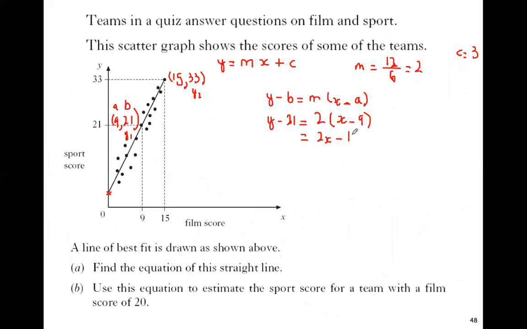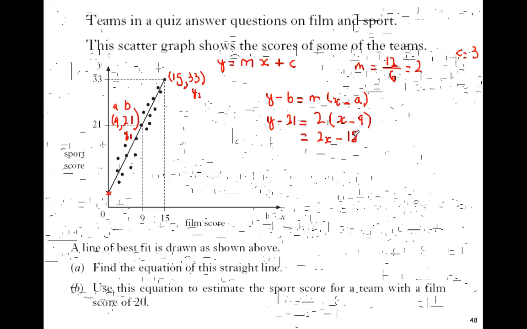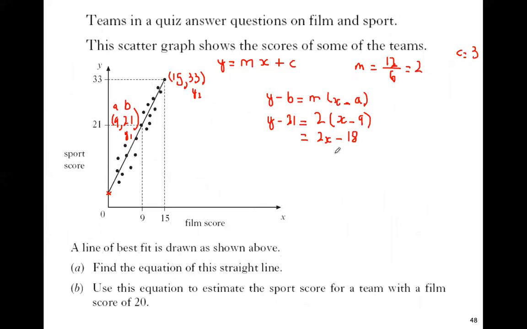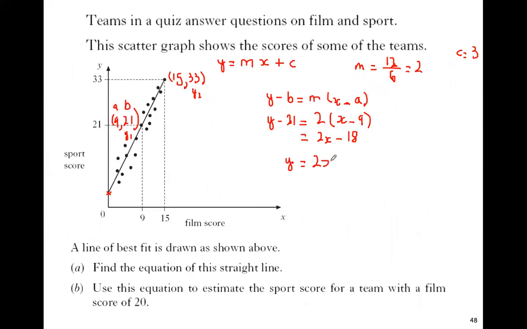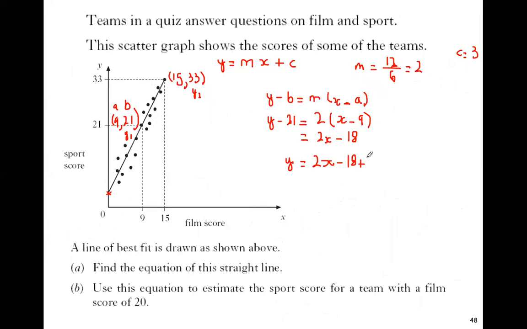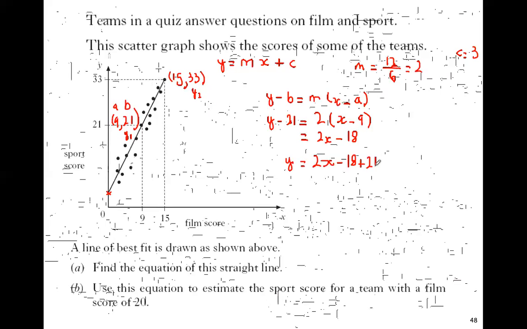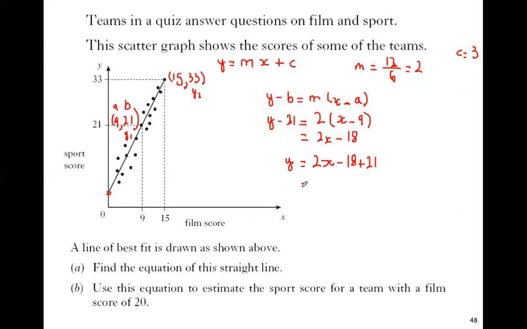18 comes across, 21 comes across as positive. So if I add 21 on each side, I end up with y equal 2x minus 18 plus 21. And 21 take away 18 is just 3, so y equals 2x plus 3.